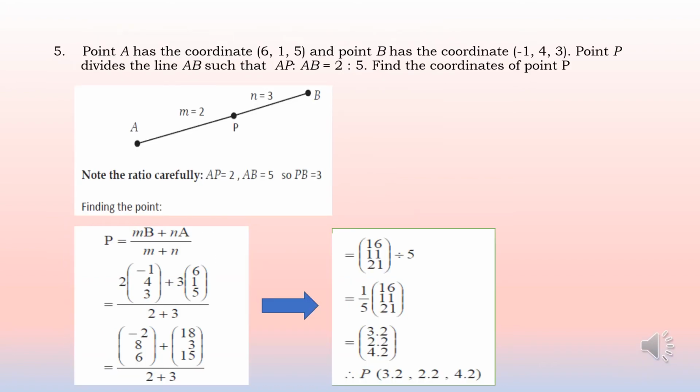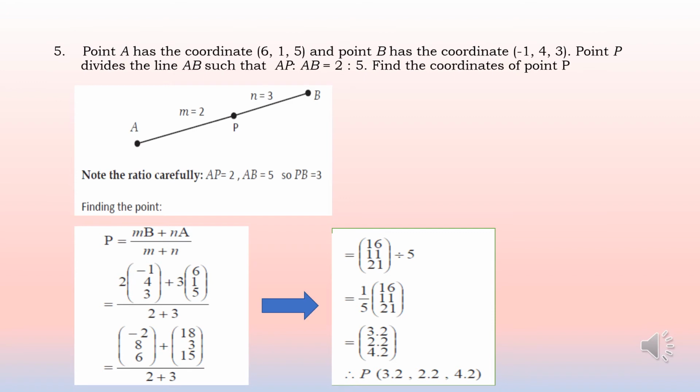Question number 5. Point A has the coordinate (6, 1, 5), and point B has the coordinate (negative 1, 4, 3). Point P divides the line AB such that AP is to AB is equal to 2 is to 5.